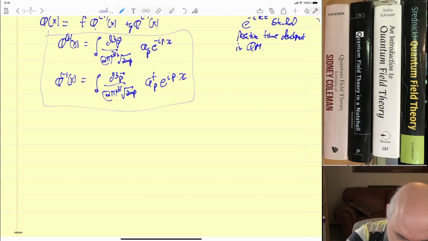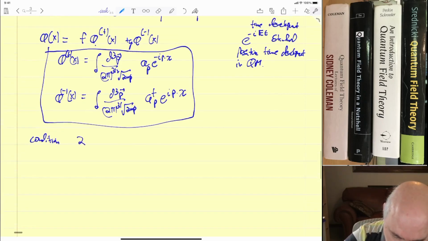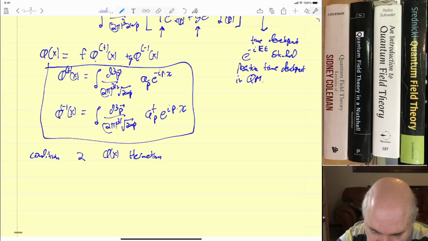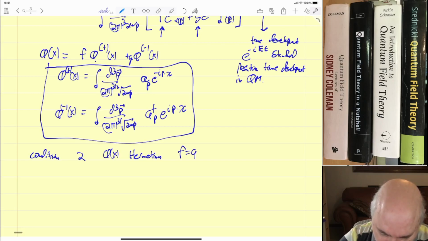So condition 2 says phi is Hermitian. And you can see that when we take the Hermitian conjugate of phi plus x, it becomes phi minus, and this becomes phi plus x. And it turns out that basically we're going to get f equal g.